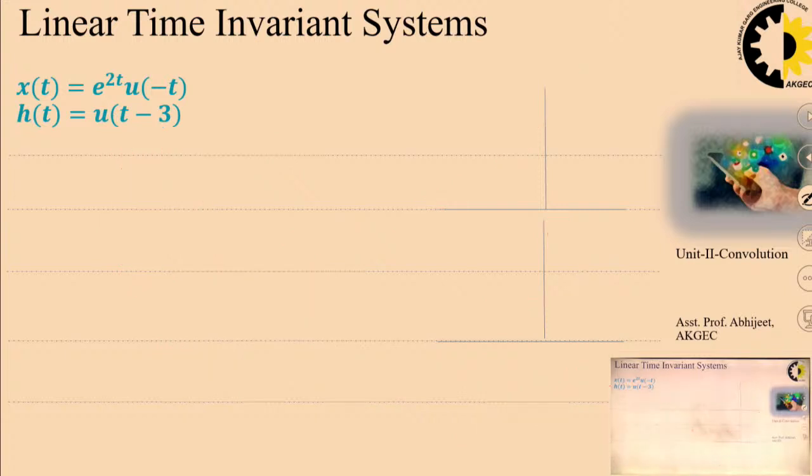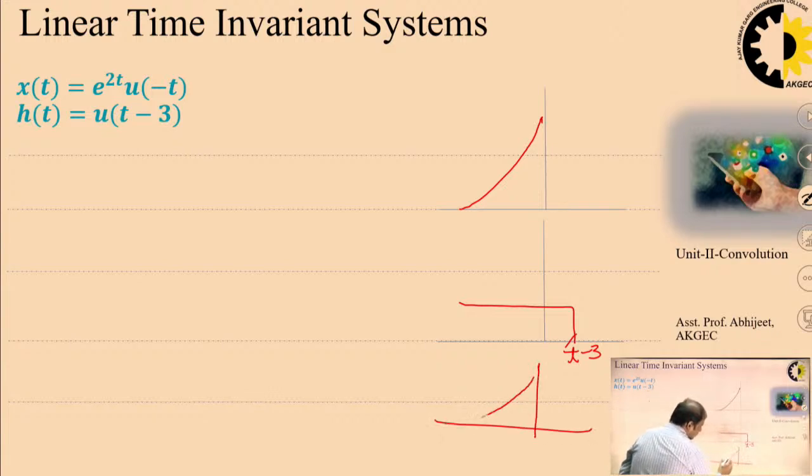If t is less than 3, I will have this. Secondly, the case when this signal is to the left, but the t minus 3 now crosses 0. So in that case, if I plot the overlapping, since this signal is to the left and this signal is even here, the overlapping is only this.